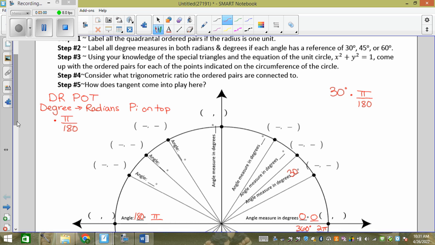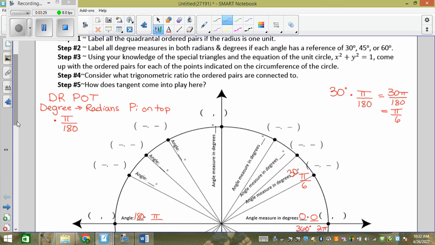No matter how much you press math enter on your calculator, a fraction will not come out, because fractions are for repeating or terminating decimals, and pi is neither of those. So if we want to reduce it, we get 30 pi over 180, and then we can take a 30 out of both, and we get pi over 6. So this is the same as pi over 6.